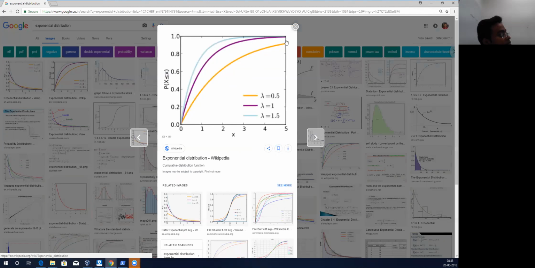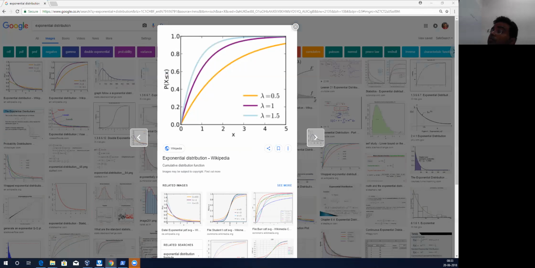But one thing I didn't understand. Lambda is 0.5, right? But the orange line is ending above 0.9, but it is showing 0.5. How is this value obtained from lambda? That is 1 minus e raised to the power minus lambda x.